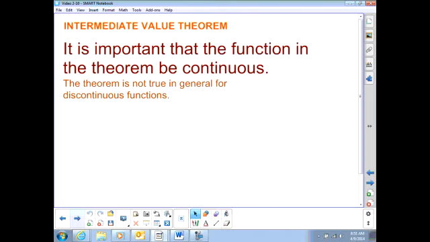Now it's very important that the function needs to be continuous for this. If the function is not continuous, then we've seen lots of things where it could jump over a bunch of y values. So the theorem only works for continuous functions.